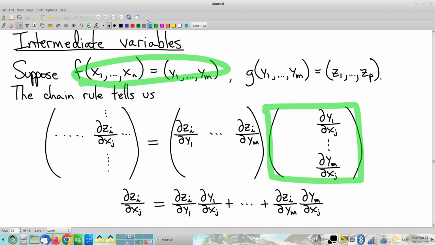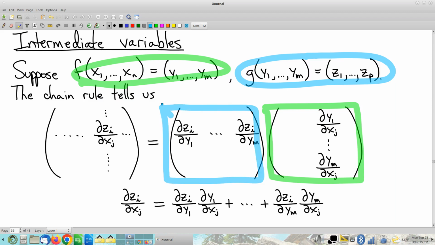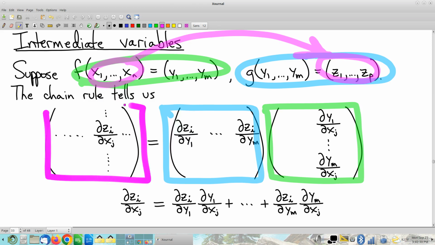And then the y variables that came out of f, you'll notice those are the inputs into this function g that spits out z variables. And here again is the derivative matrix for that, with a few entries noted. So all together, if I want to understand the composition taking in x's and spitting out z's, that's going to have a derivative matrix that has these kinds of partials as its entries.